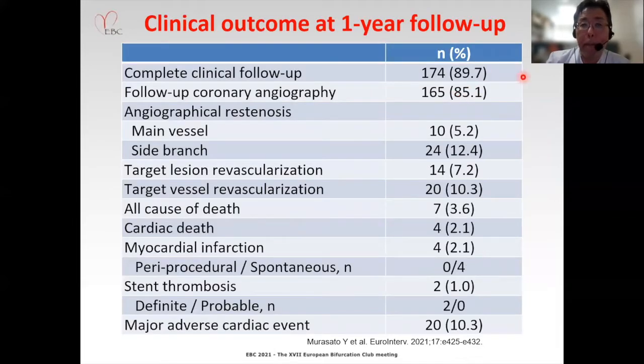This is the clinical outcome at 1 year follow-up. Target lesion revascularization 7.2%, cardiac death 2.1%, myocardial infarction 2.1%, stent thrombosis 1.0%. So major adverse cardiac events, including them, showed 10.3%, which is acceptable for the bifurcation lesion.